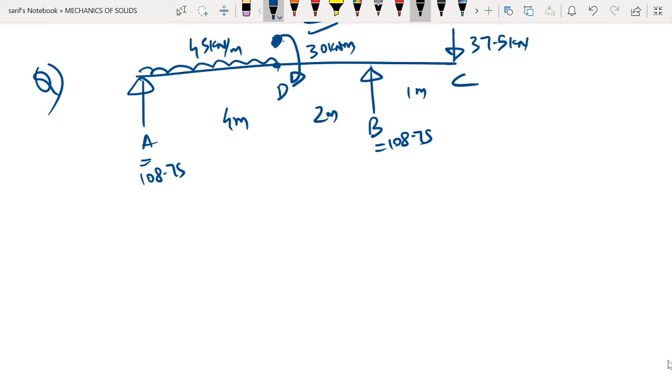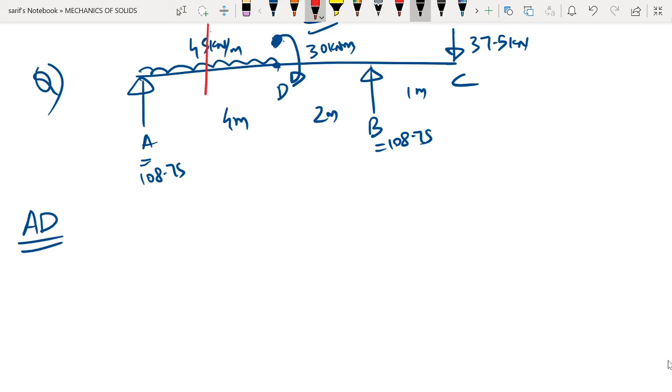Now to do the analysis, we need to find expression for shear force and bending moment, first in the region AD, and then in the region DB, and finally in the region BC. So let us find the shear force and bending moment in the region AD.